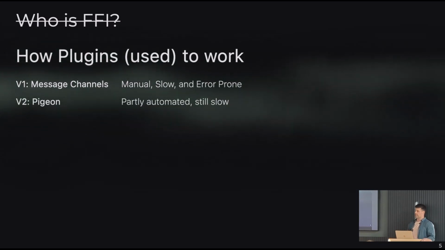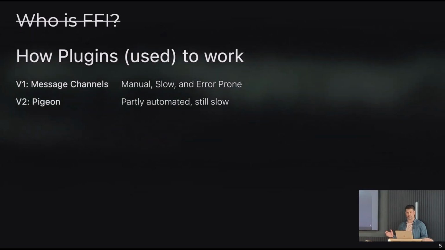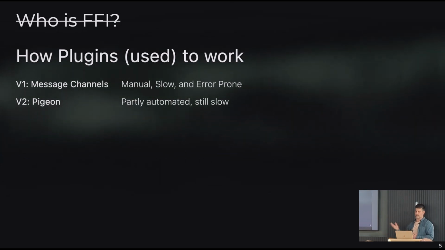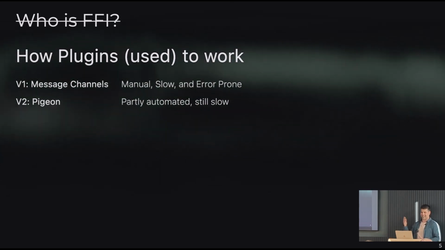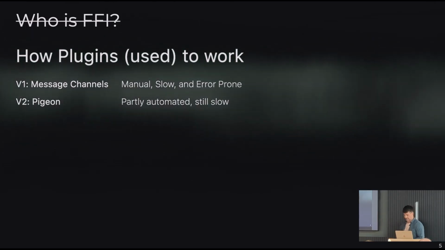Then the Flutter team came out with something called Pigeon, which you can basically use to structure the type of information that will be passed back and forth on the message channels. It helps. It does some help with making it so there's fewer errors and automates a little bit of it. It is still slow, though.